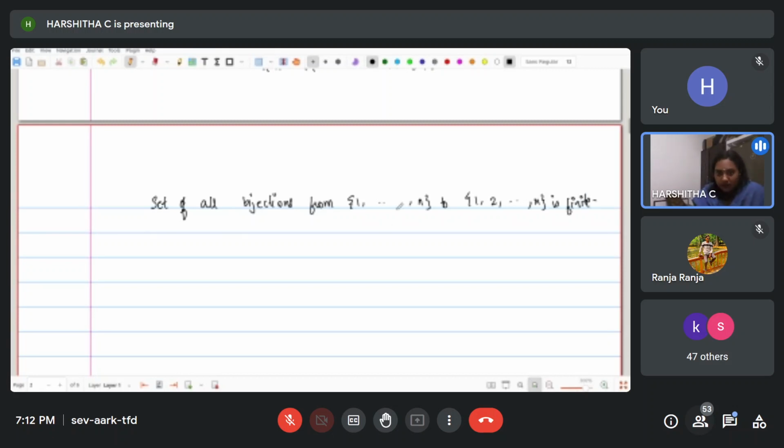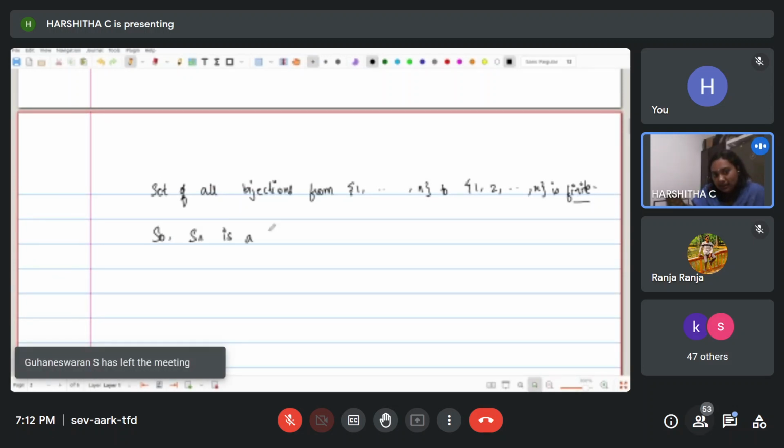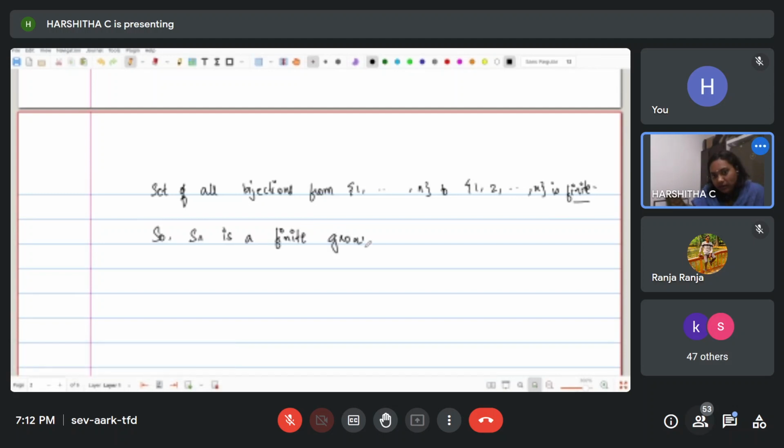Okay, so it is finite, but can somebody give an explicit number? What is the cardinality of, okay, maybe we'll come back to this. So it is a finite group. So Sn is a finite group. And the question about whether it is abelian or non-abelian, that we have to check.